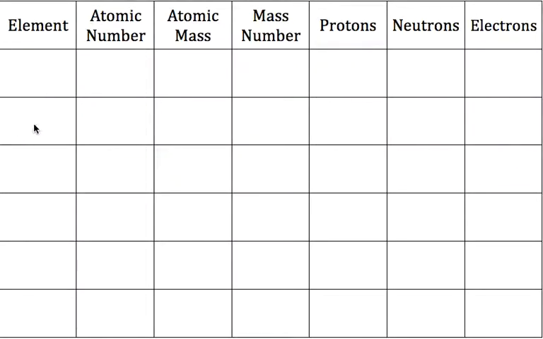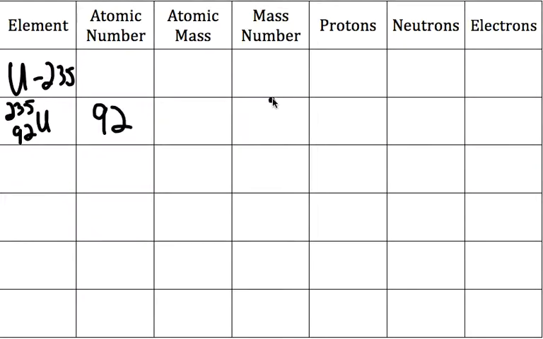Let's try one more of those. I want to write it here both ways. U-235, or we could do the nuclear symbol, 235 over 92. So if I go through this, 92, this is 92 for sure. The atomic mass is from the periodic table. That would be 238 on our periodic tables.